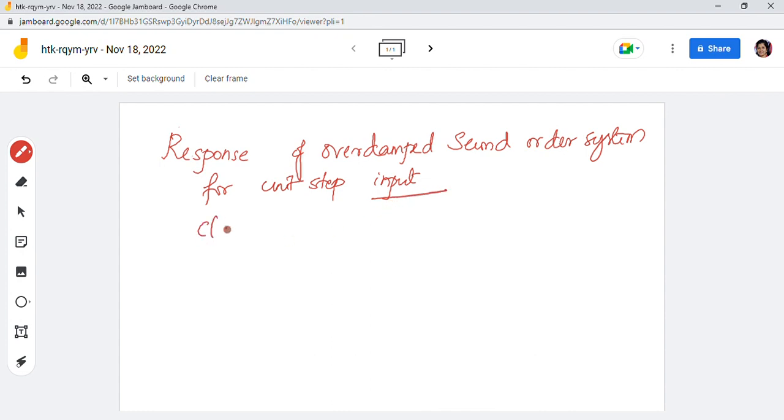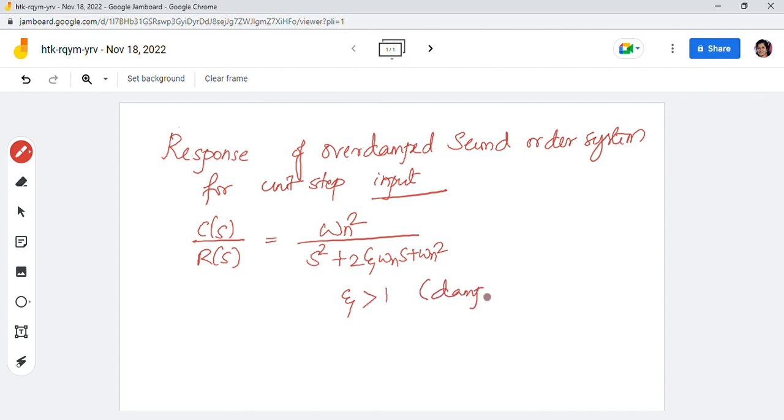Now we know that C of s divided by R of s equals omega n square divided by s square plus 2 eta omega n s plus omega n square. For an overdamped system, the eta value will be greater than 1, where eta is the damping ratio.